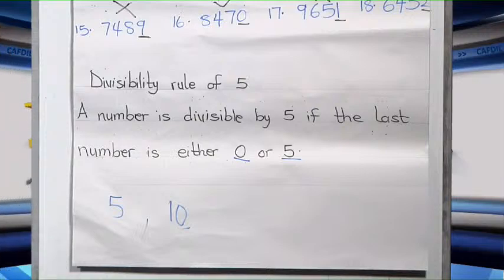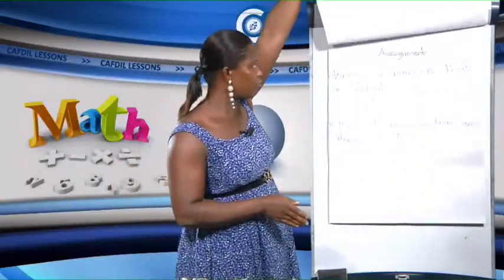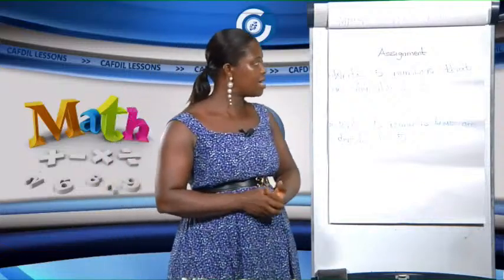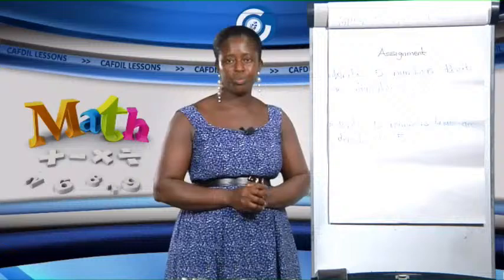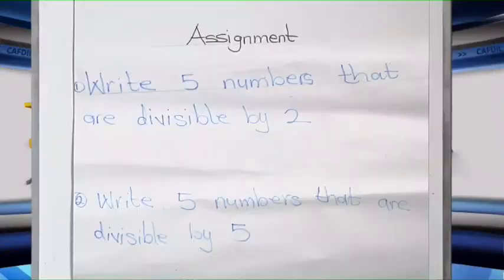Alright, before I leave, I have an assignment for you. You have 2 questions over here. Write 5 numbers that are divisible by 2. Follow the rule and write any number.